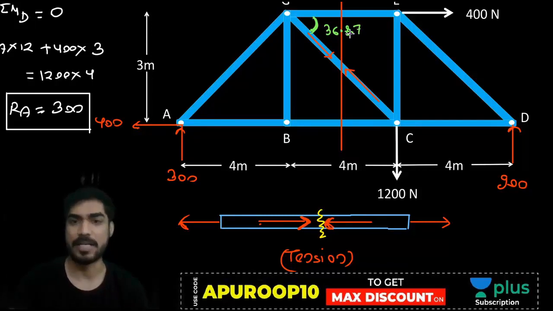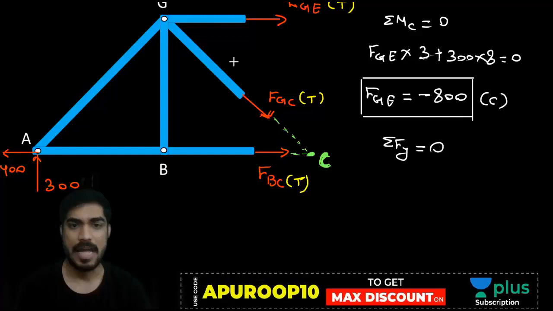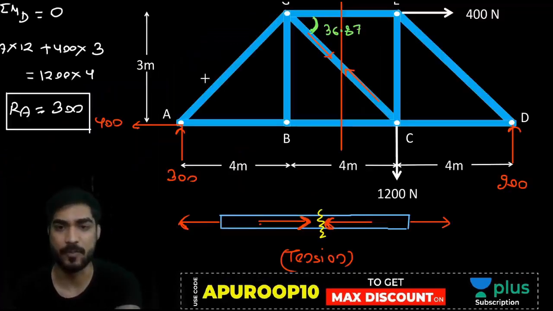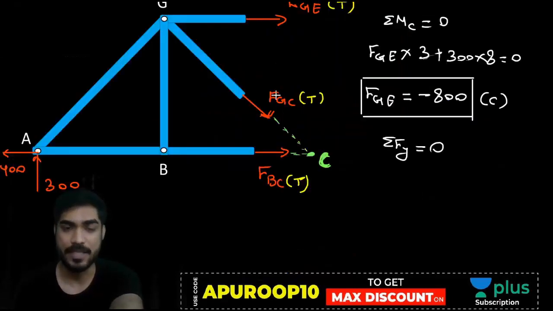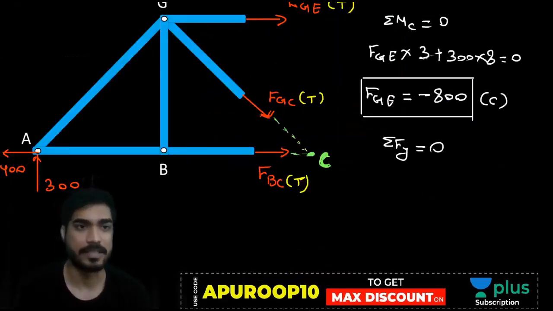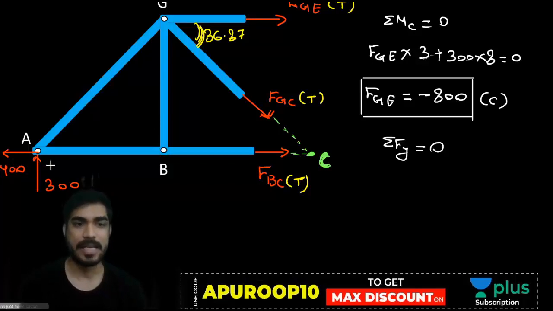Right, 36.87. So beta, summation of Fy equal to 0. FGC sine 36.87 will be downward, 300 upward. This angle is 36.87. So the FGC sine component equals 300.